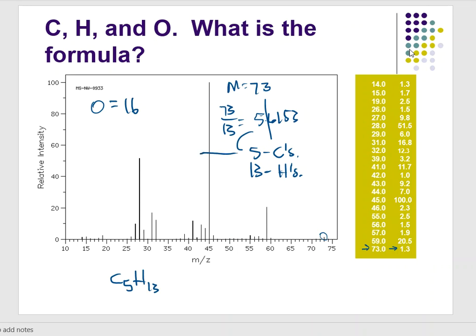What I've done here is I've calculated the number of carbons and the number of hydrogens and just pretend it was a hydrocarbon, but I know that's not the case. So I've got to take away 16 so I can squeeze an oxygen into the structure. Well, how do I do that? Well, one carbon represents 12.